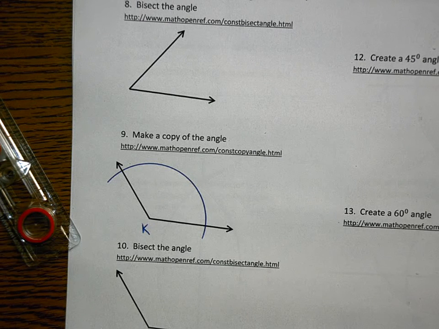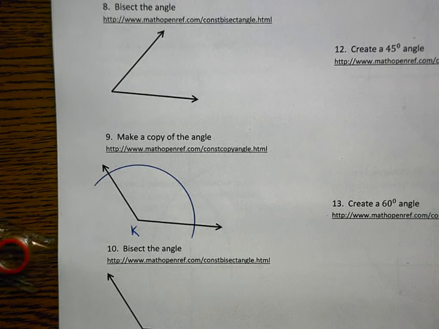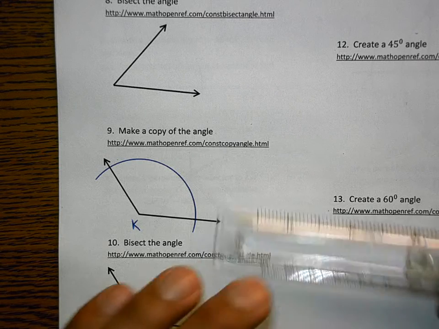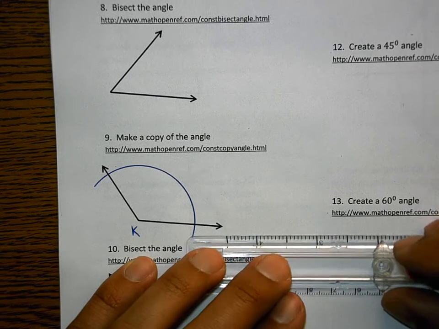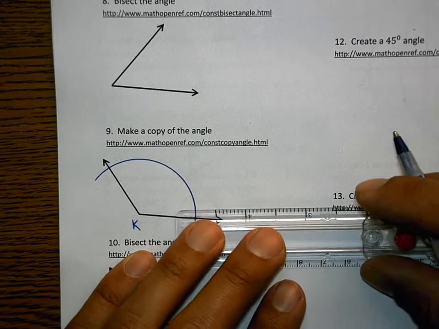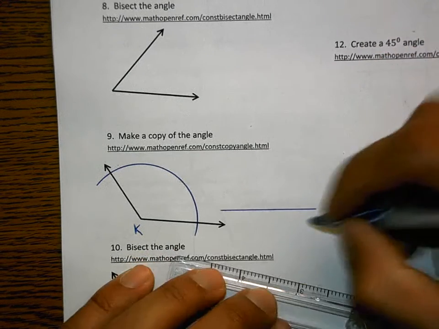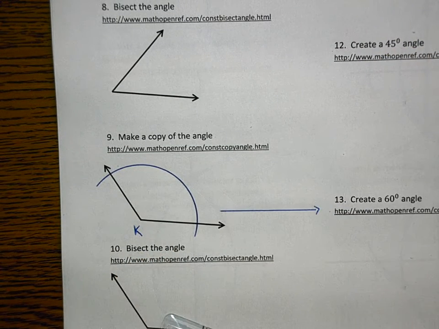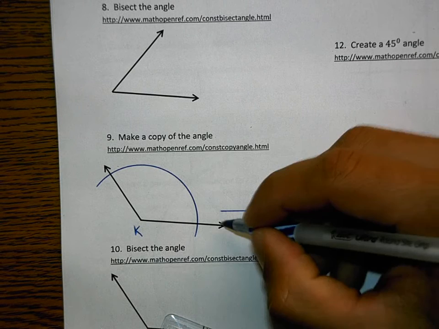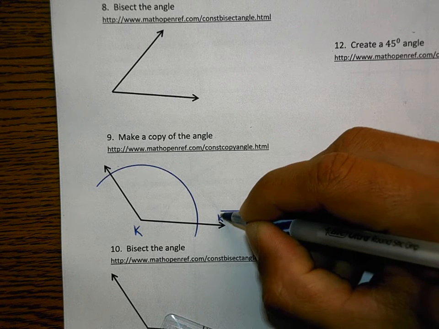And I guess I did not draw a ray yet, but I should draw a ray because I don't have a ray to copy this to. I'm going to call this one right here. And I will label this one as K prime.